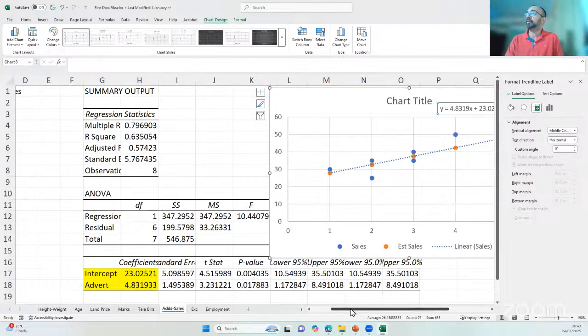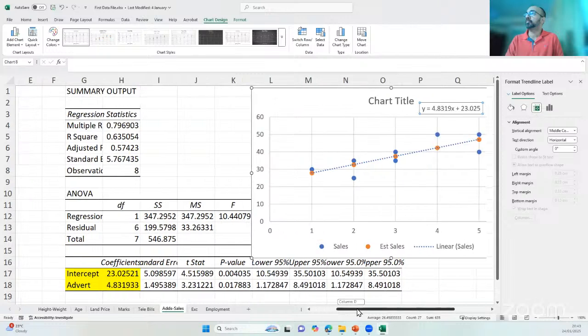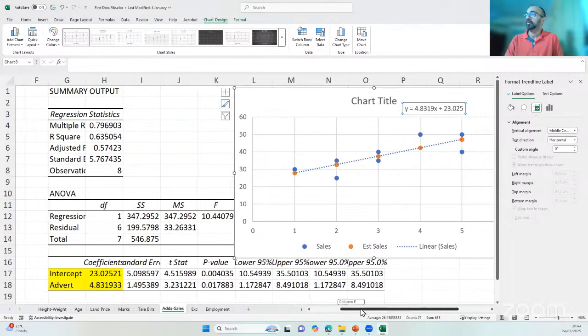Right. So now, if there had been, let's say, no other effect, assume sales was not affected by anything else, only the advertisement expenditure is affecting it, which is not really the case.